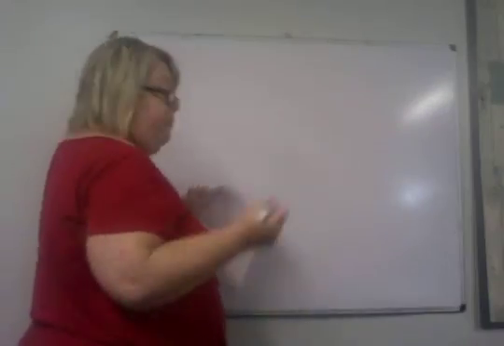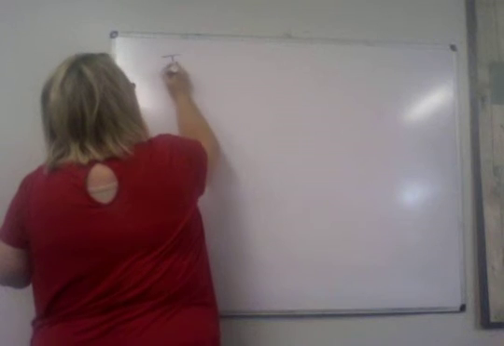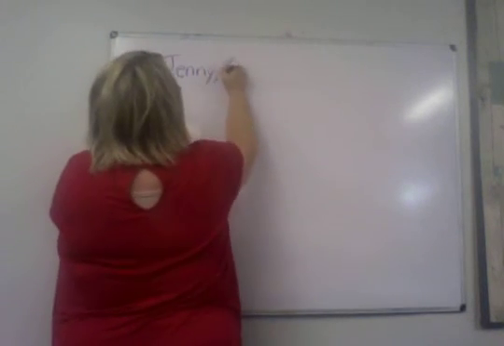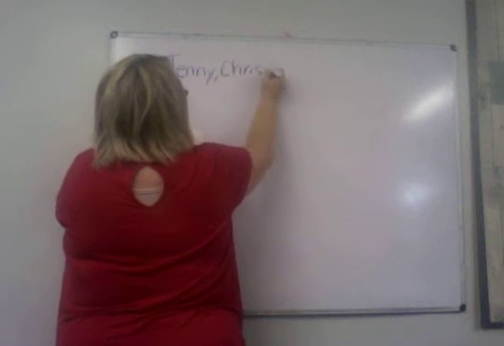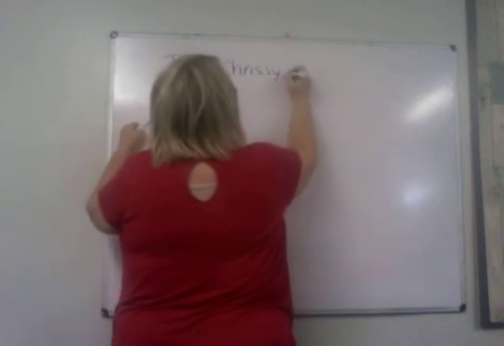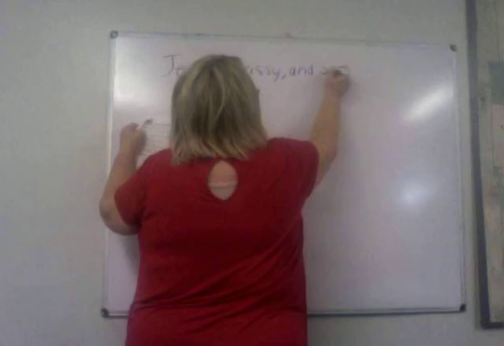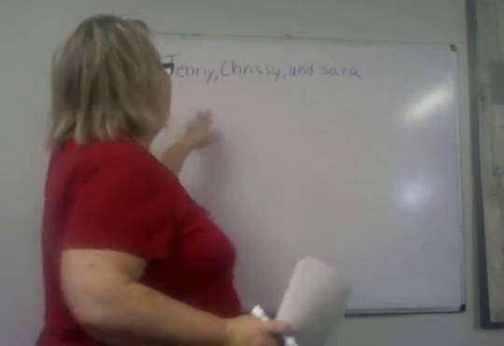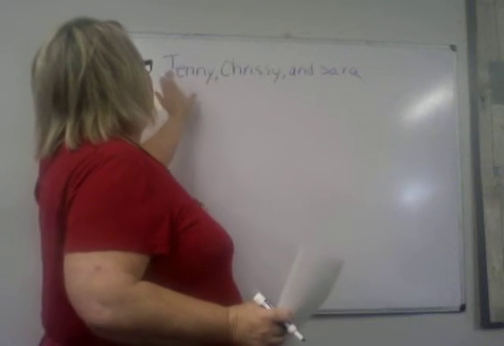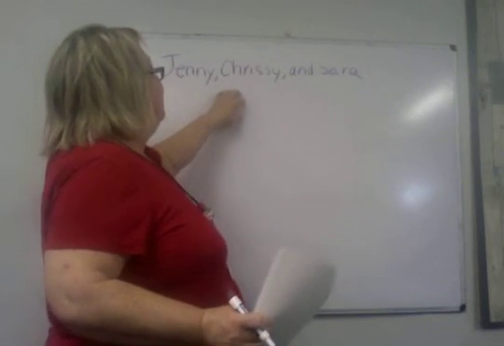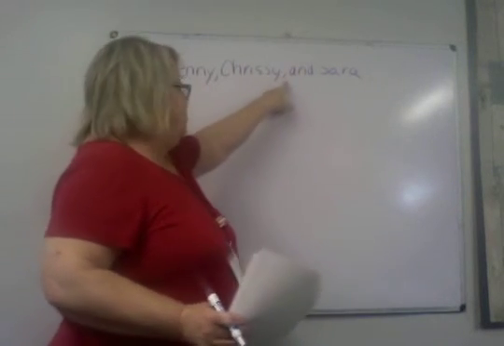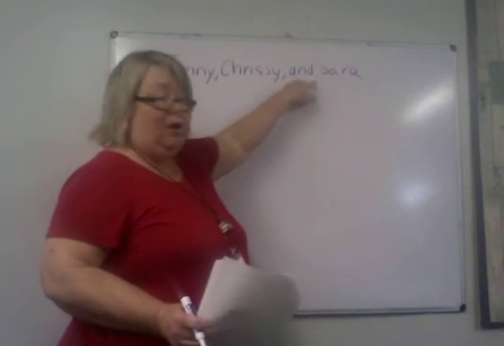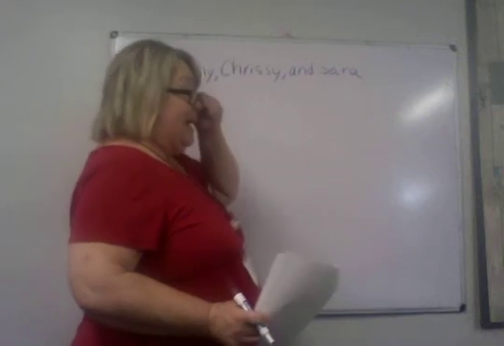In number 1, the first one is written the right way. Jenny, comma, Chrissy, comma, and Sarah watched videos. So you put a comma after the first person and the second person, and you always use a comma before the word and, but then you don't use a comma after the word and.